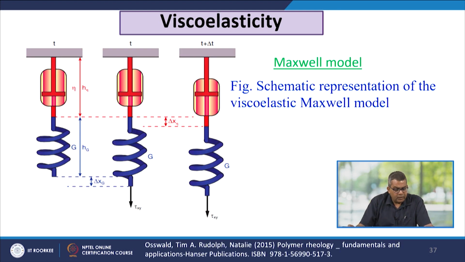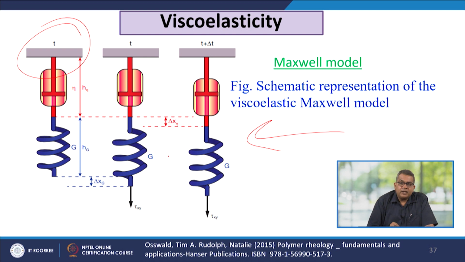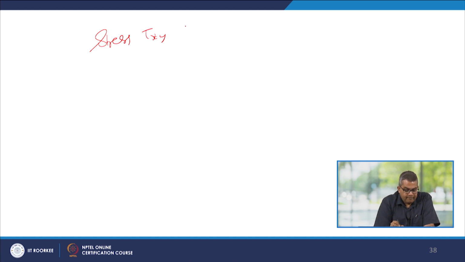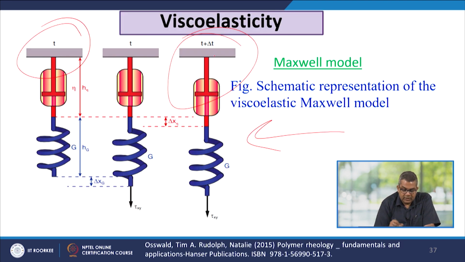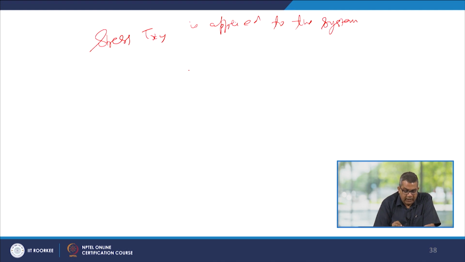Now here we are going to discuss the Maxwellian model. This is the schematic representation of the viscoelastic Maxwellian model. Here this is T, and if we stretch the spring, it can be represented as T plus delta T. Now stress tau xy is applied to the system. Stress is the same in both the fluid and the solid element.